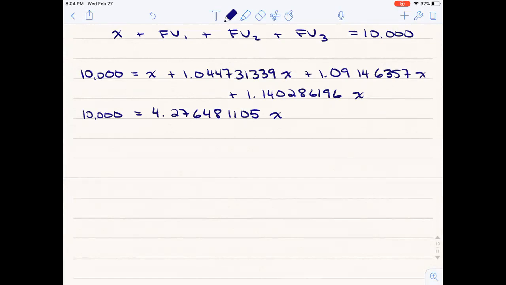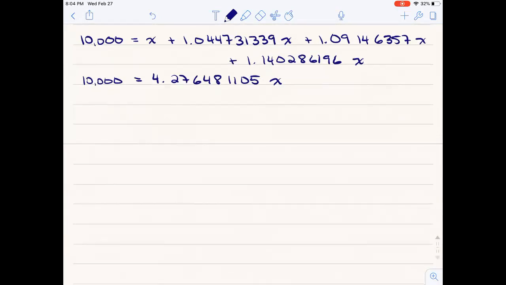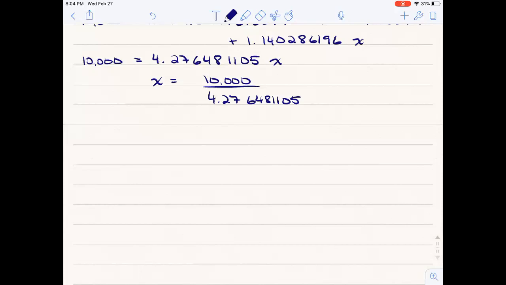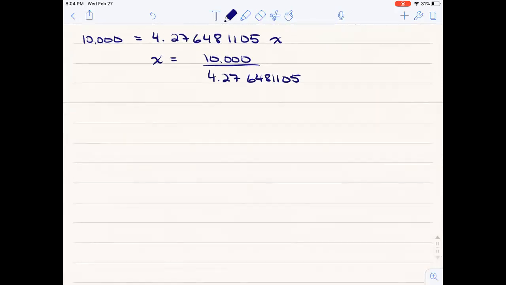Solving for x, where it's so close. x is 10,000 divided by 4.276481105. So I get x is 2,338.371141, which in money is $2,338.37.